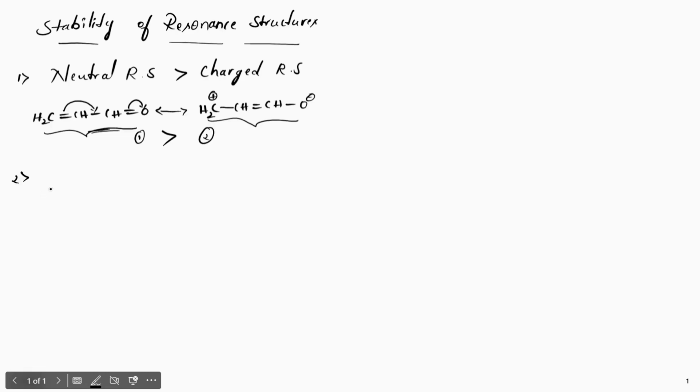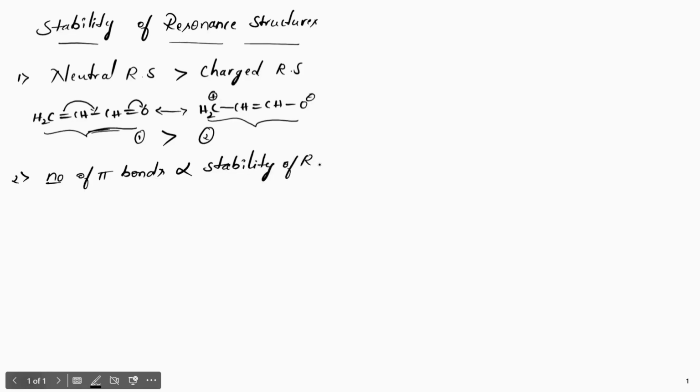Coming to the second one, that is, more the number of pi bonds, more will be the stability. That means the number of pi bonds is directly proportional to the stability of the resonance structure.